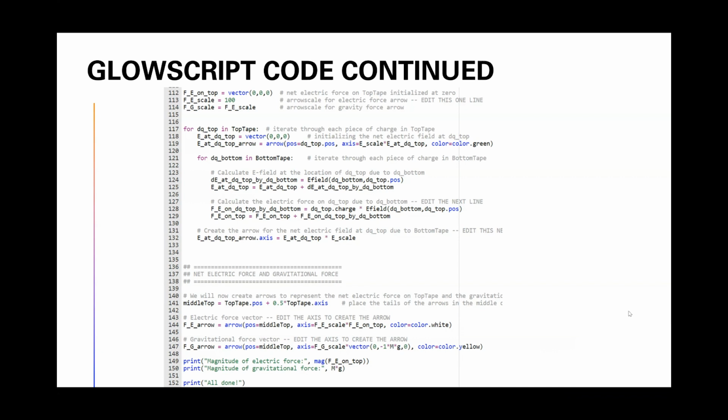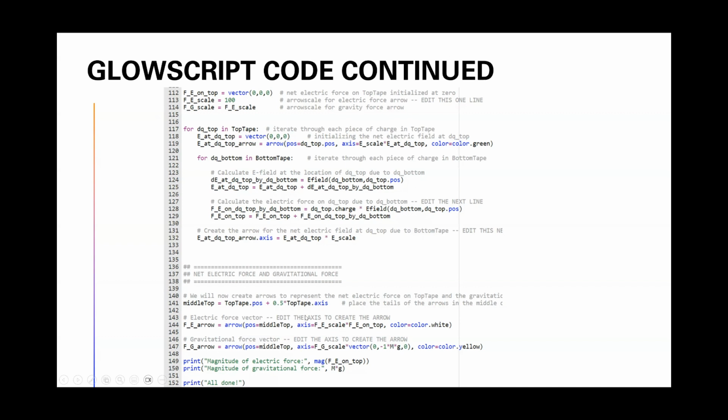Continuing on the code, we're going to start calculating our total E field and our forces due to the field and gravity. Basic gist of it, we're going to start calculating our total E field with respect to all of the different particles combined. We'll turn those into force vectors as well as the gravity vector, which we'll just use F equals ma.